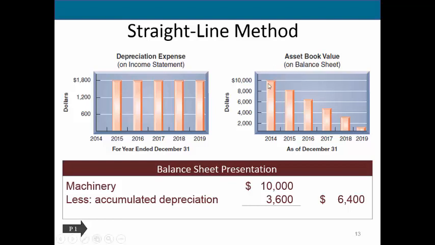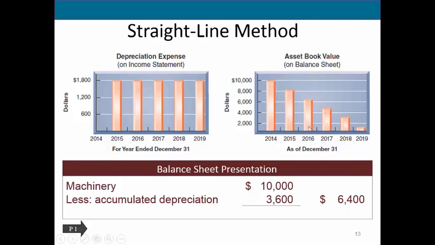So when we first bought that asset, it had a value of $10,000. But then once we used it over the first year, we'll need to recognize $1,800 of depreciation. So at the end of 2015, we have $1,800 of accumulated depreciation, and therefore you can see the decline in the book value of our asset.